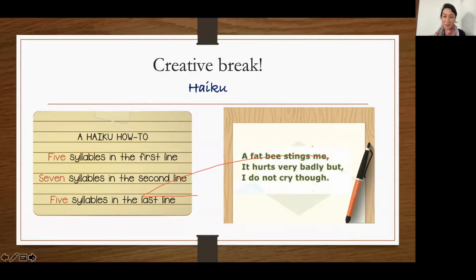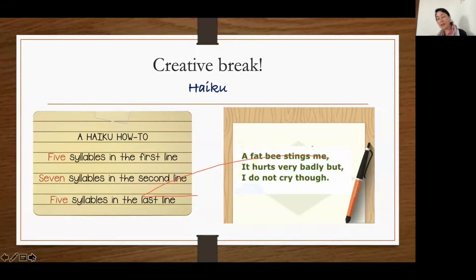Another example. A fat bee stings me. It hurts very badly, but I do not cry though. I love these haikus because the rules are very different than the rules of writing as we usually think of them. The only rules are about syllables. And so we can even see in this example, there's actually a grammar mistake.